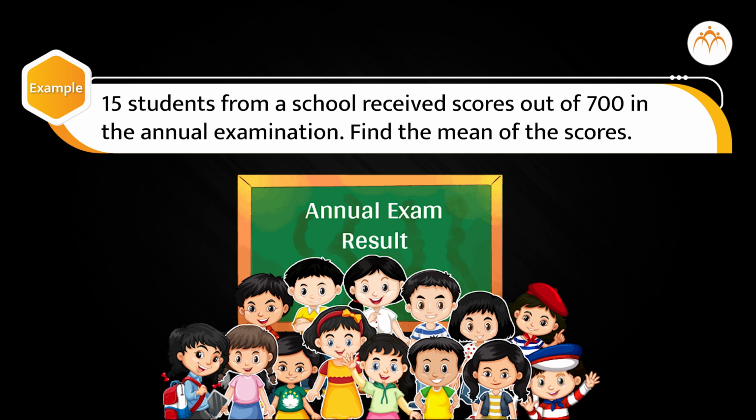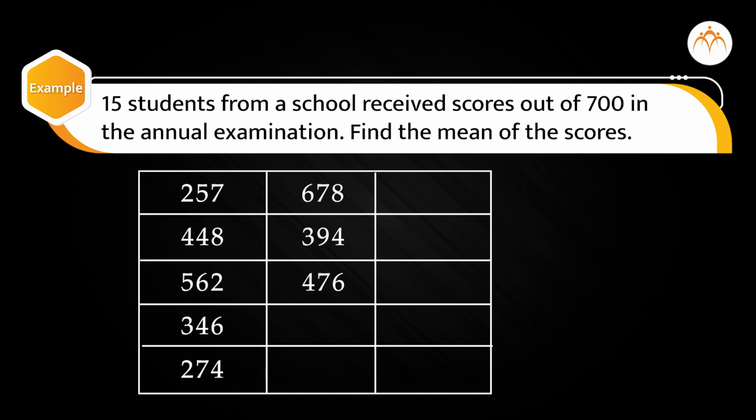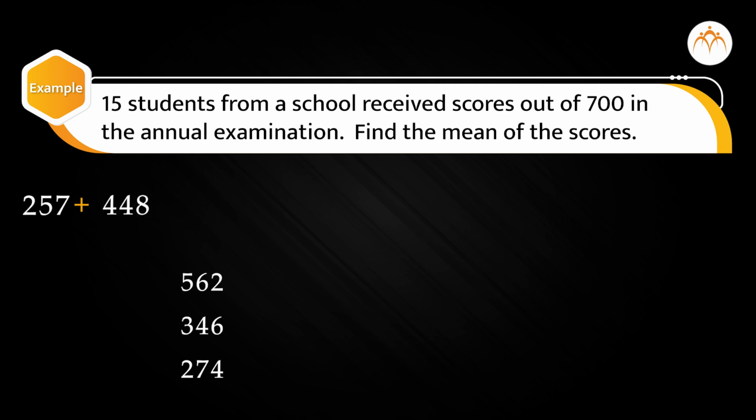Find the mean of the scores. 257, 448, 562, 346, 274, 678, 394, 476, 523, 521, 272, 345, 632, 459, 666. Therefore, the sum is as follows.